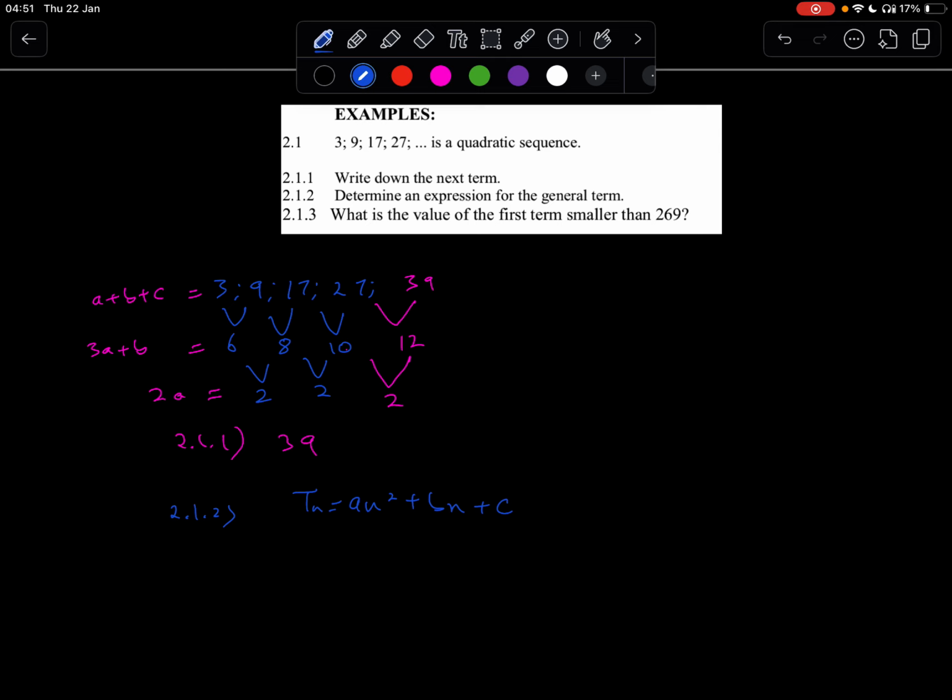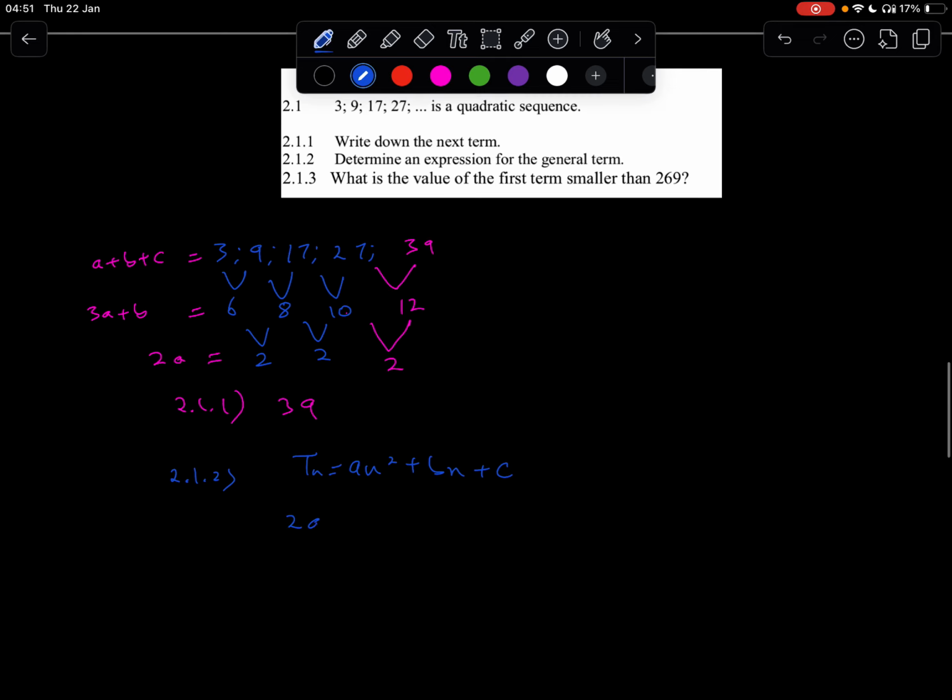So 2a equals 2, divide both sides by 2, we get a equals 1. Then 3a plus b equals 6. We substitute a, and then 3 plus b equals 6. We take 3 to the right hand side, it changes sign, and that's 6 minus 3, which is 3.